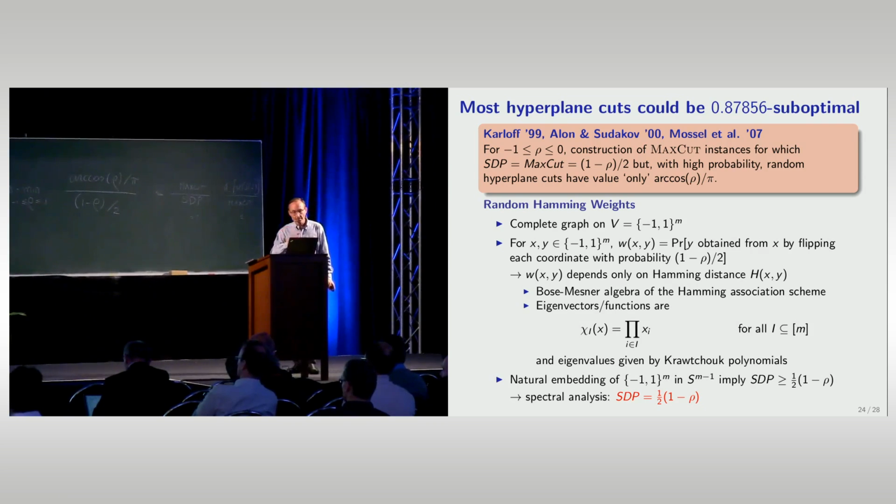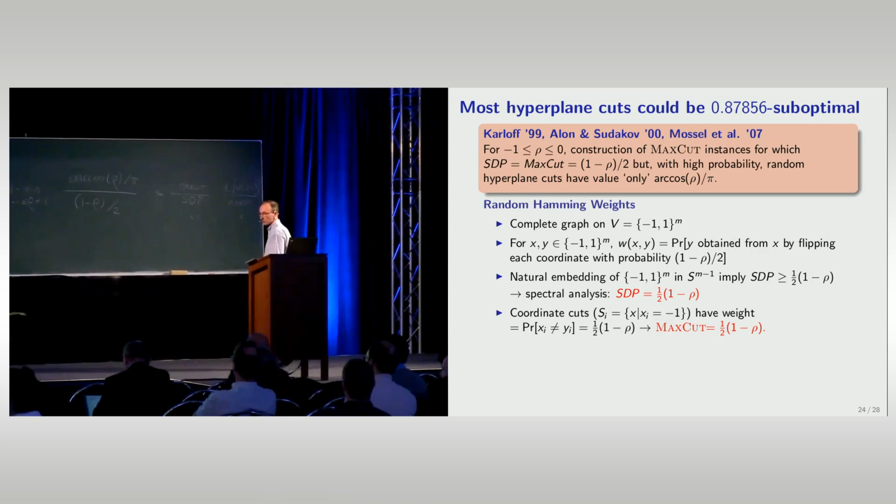Now, I'm not going to go over this, especially since I'm a bit short of time, but one can show that by looking at the eigenvalues of this construction, you can see that the SDP is the denominator term, and so is the maximum cut.